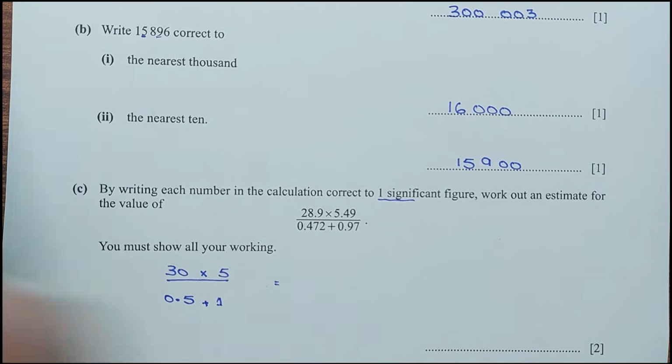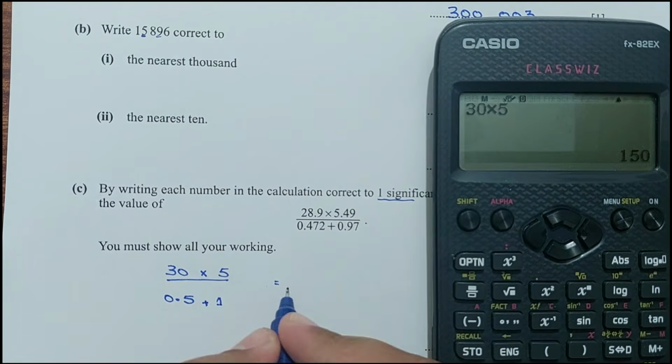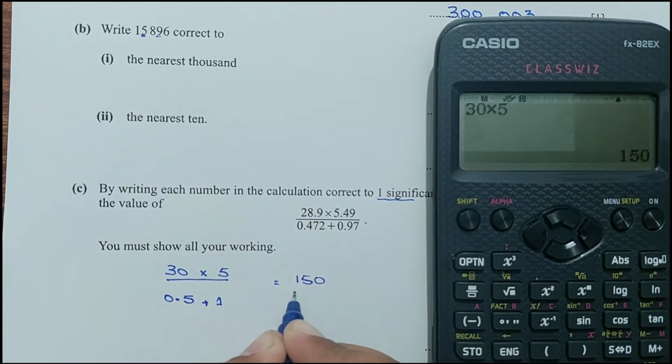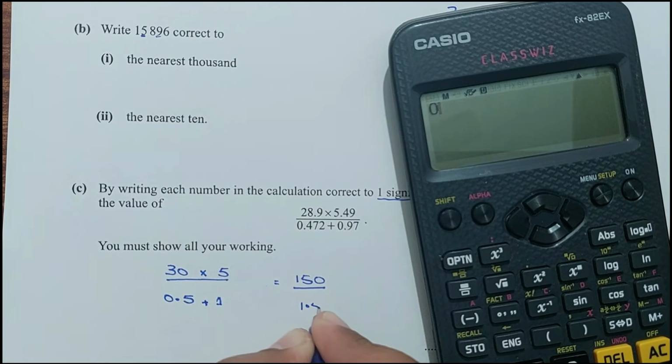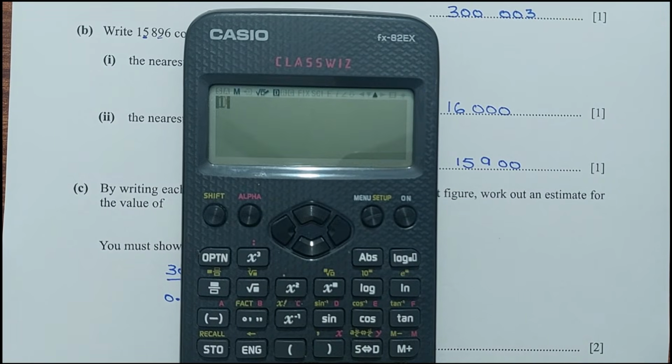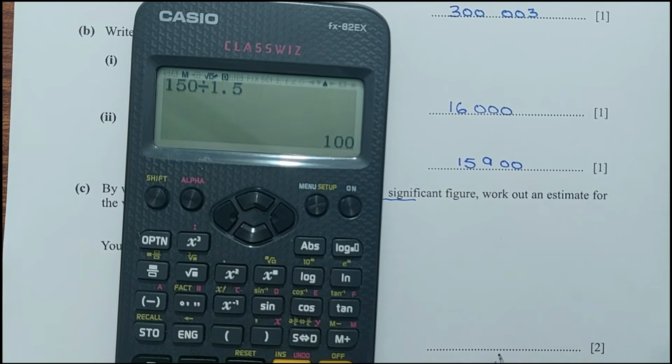So 30 times 5 is 150, over 0.5 plus 1 is 1.5. So 150 divided by 1.5 is 100.